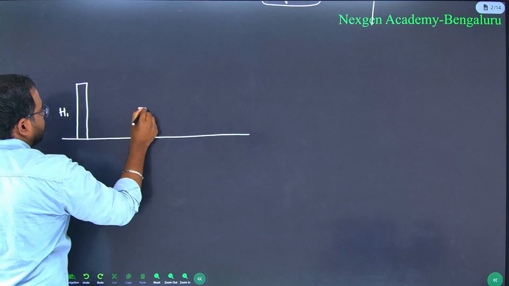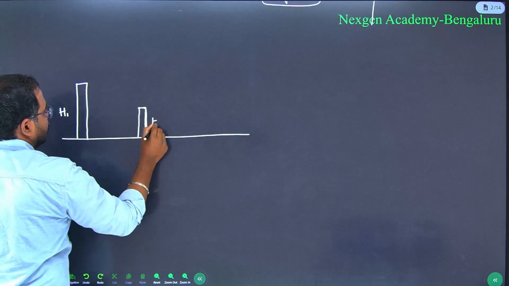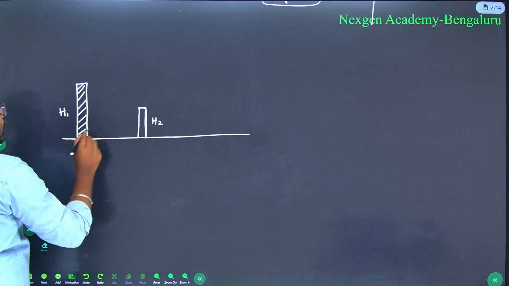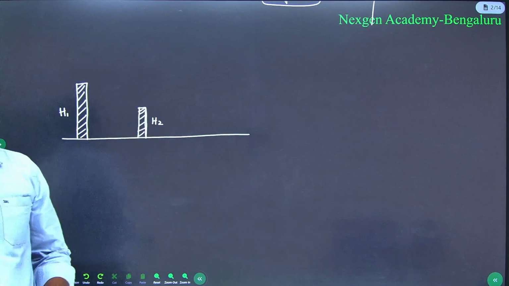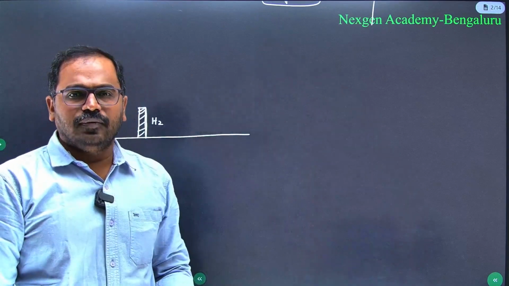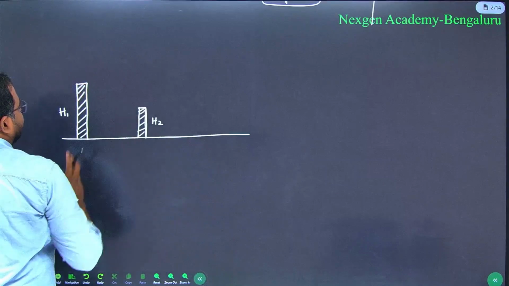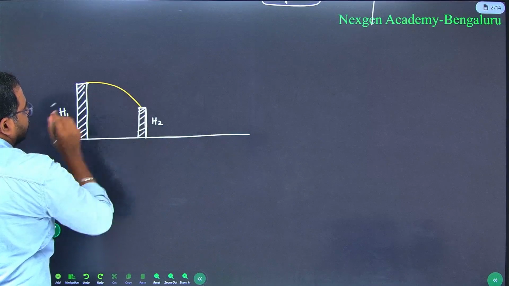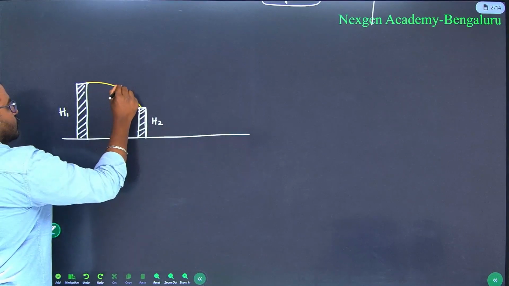The person is jumping, as we have seen in examples like this. Imagine the height of this building is h1 and the height of this building is h2. A body is projected from the building of height h1 to another building of height h2 with a certain velocity. So what is the velocity required to reach this building exactly? What is the velocity with which the body has to be projected?